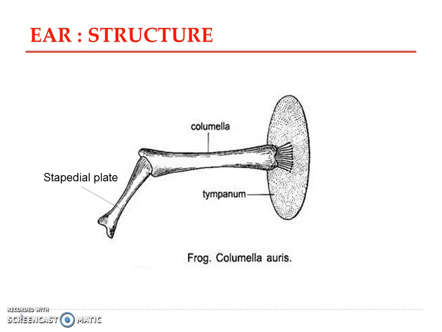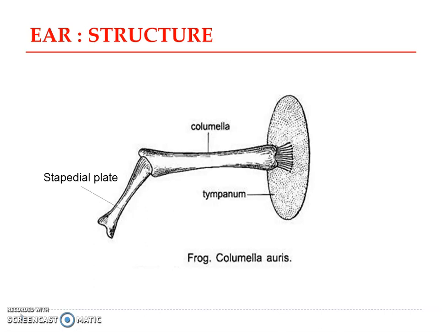Just like we have seen that the annulus tympanicus is a cartilaginous ring over which the tympanum stretches, here you can see in the inner ear there is another bony ring. It is known as the operculum, and the membrane on the fenestra ovalis stretches over this operculum.